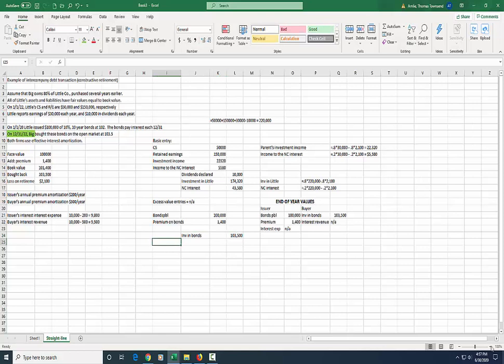Now, this entry obviously does not balance. We've got $101,400 on the debit side and $103,500 on the credit side, which is basically what we paid for them. What's missing is that $2,100 loss on retirement, which we are now putting on the consolidated income statement.